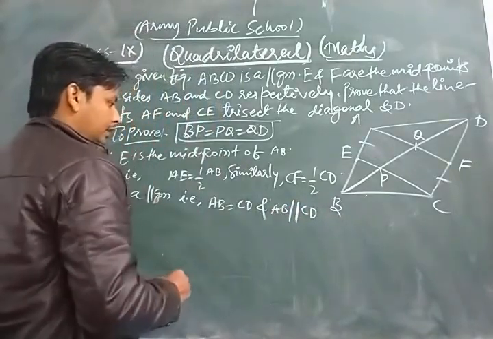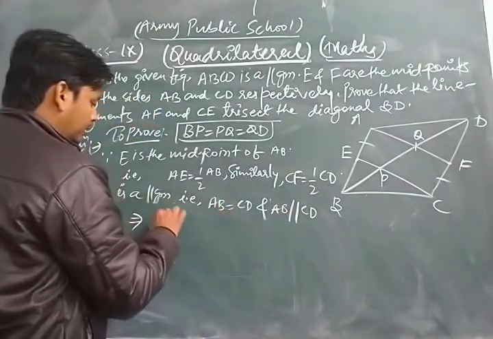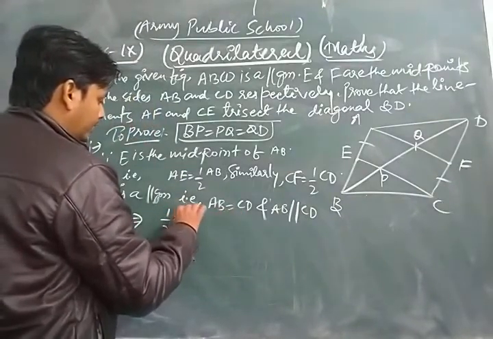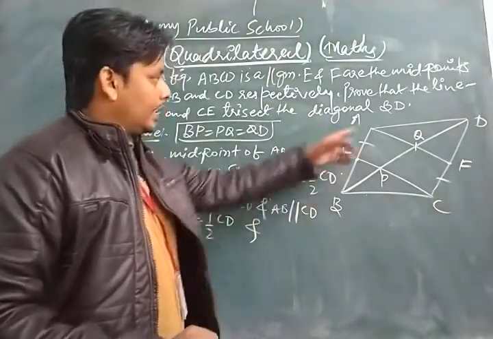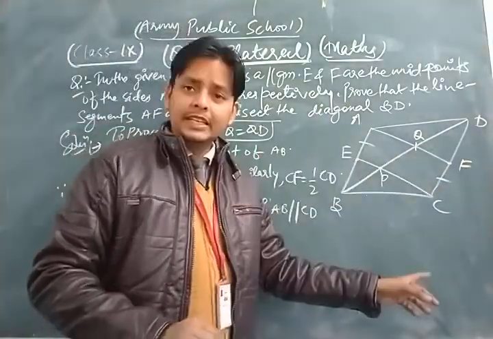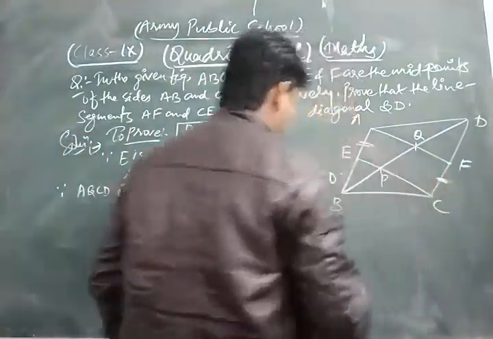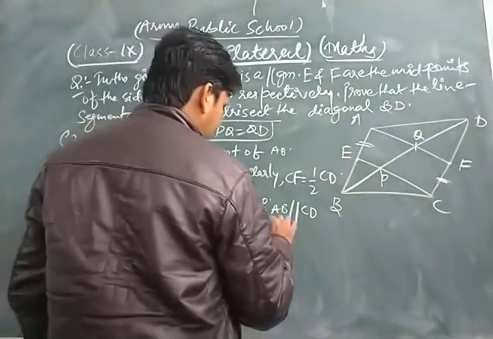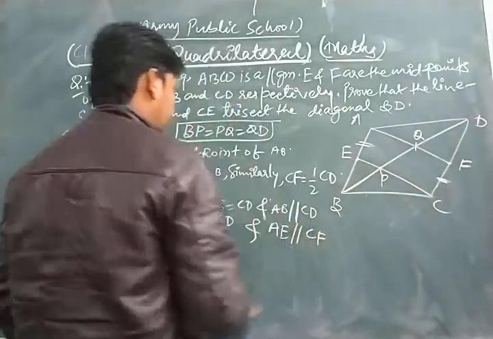Dividing both sides by 2, half of AB is equal to half of CD, and since AB is parallel to CD, AE is also parallel to CF.